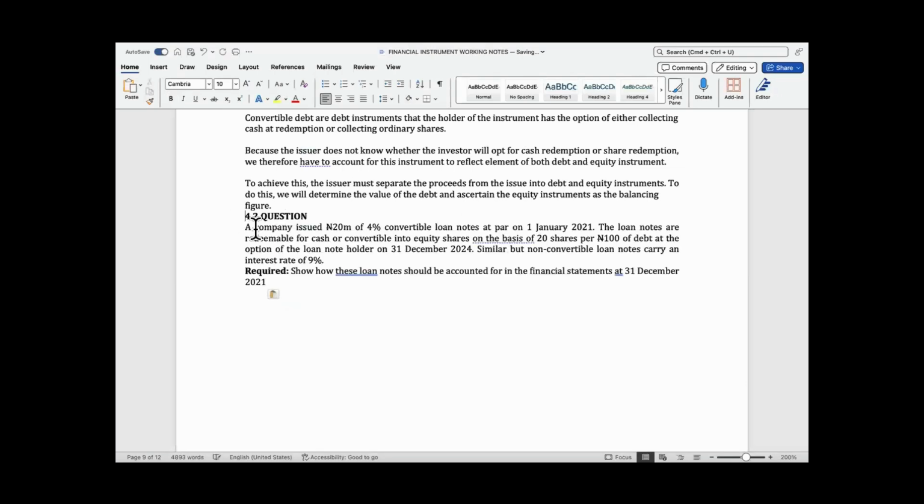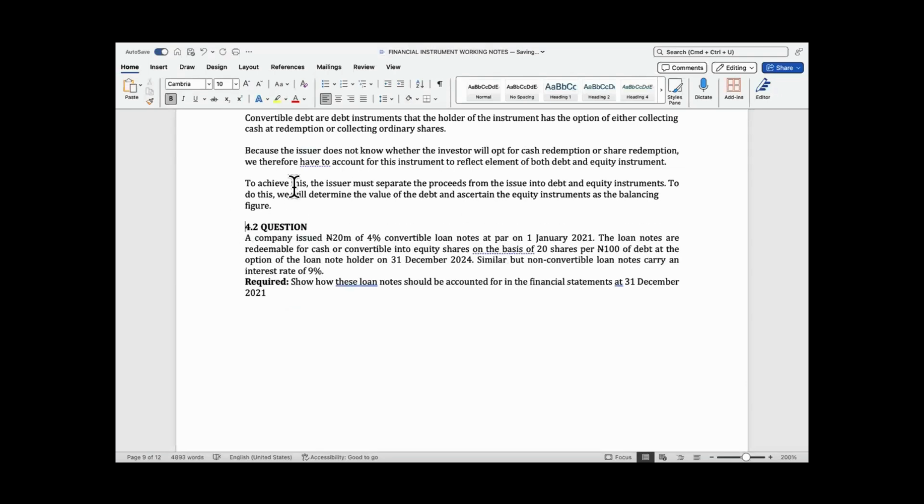So if you look at this question, it says a company issued 20 million of 4% convertible loan notes at par on 4th January 2021.